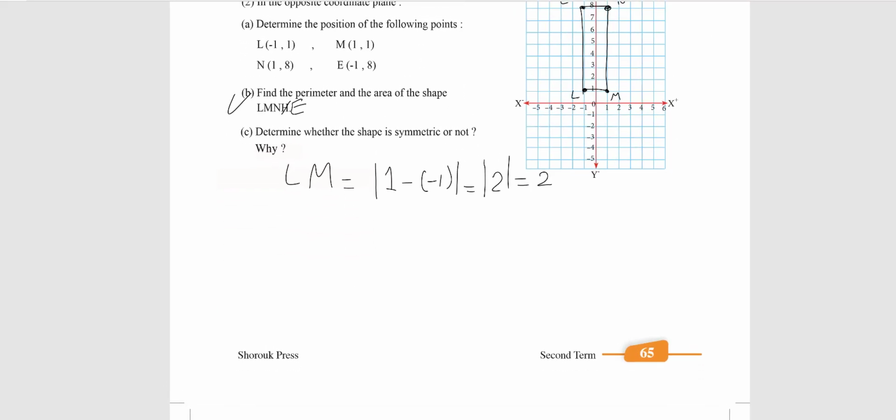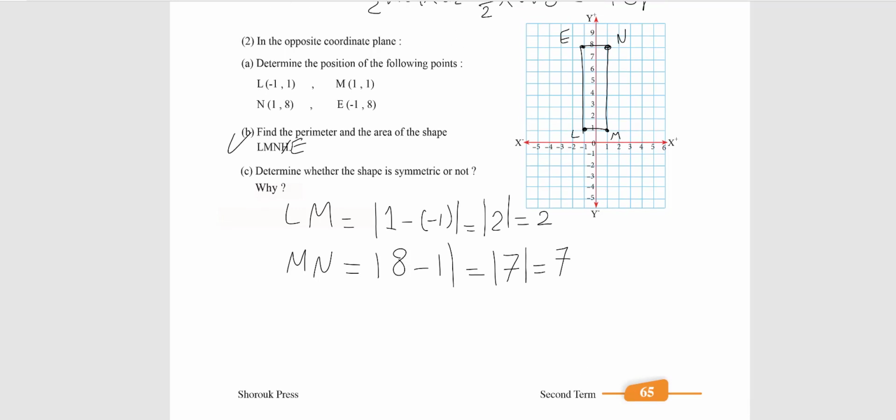After that, we will find the length of MN. That equals the absolute value of the ending point N, that equals 8, minus the starting point M, equals 1, equals the absolute value of 7, equals 7 units.